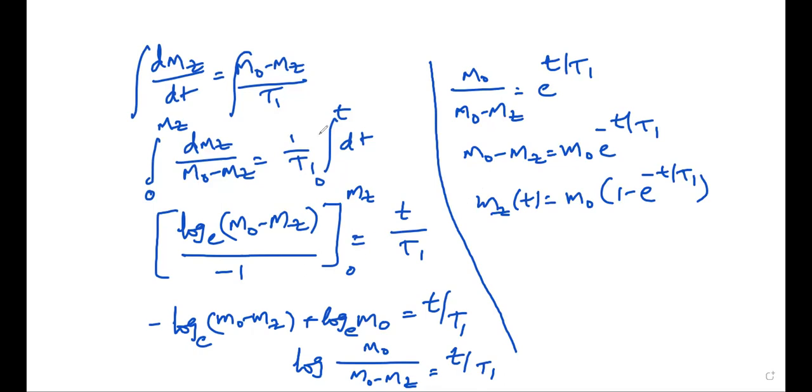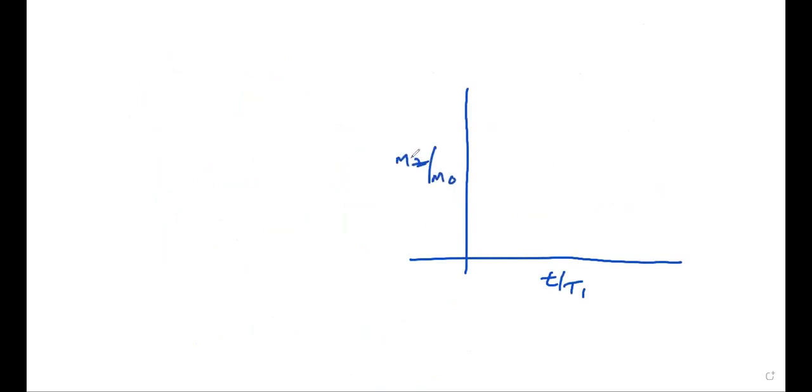Here is the graph between t by T1 and Mz by M naught, a graph like this.